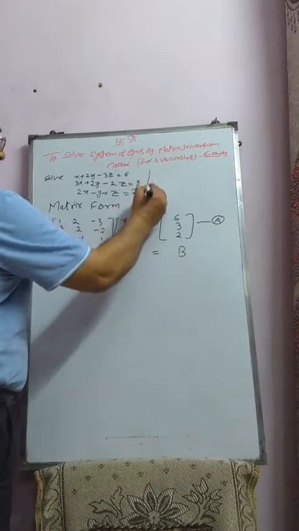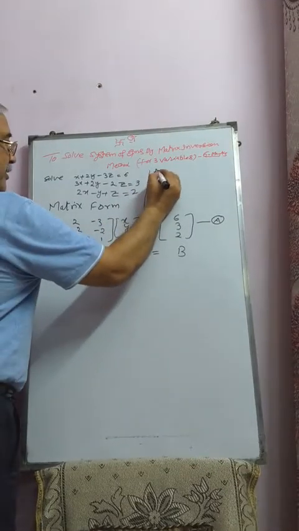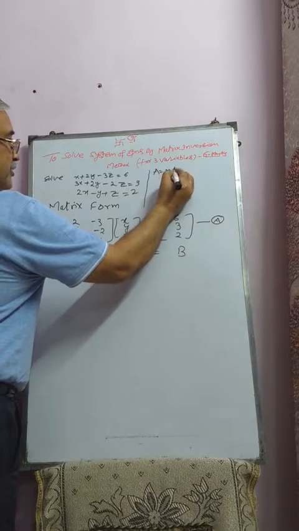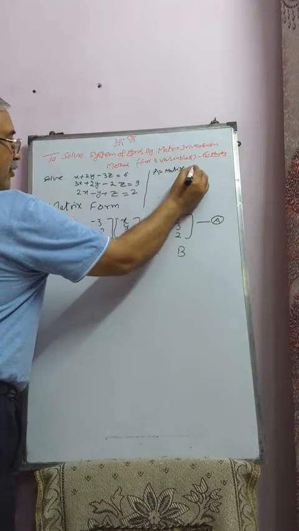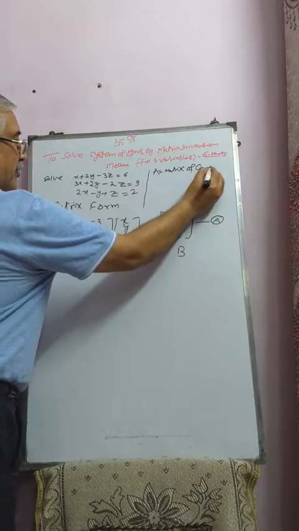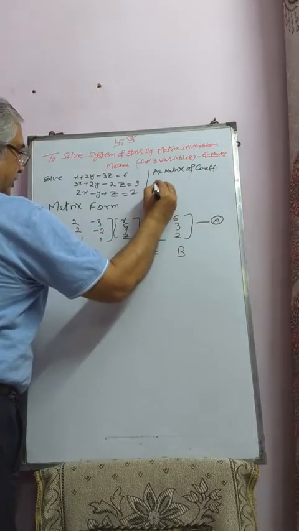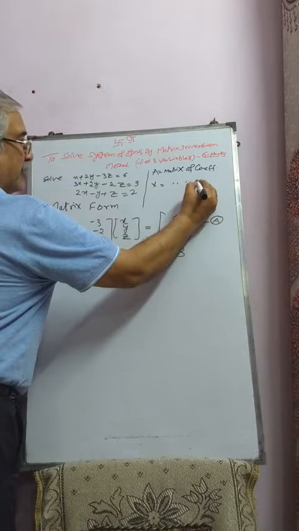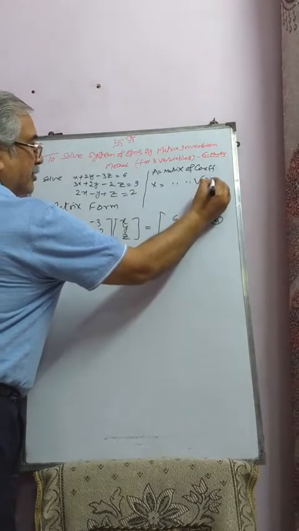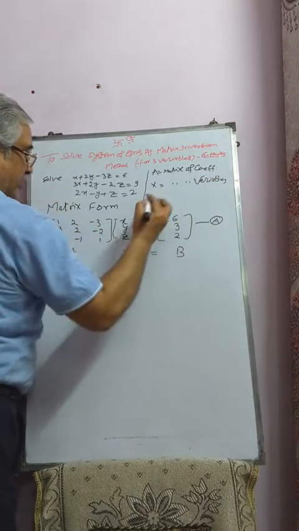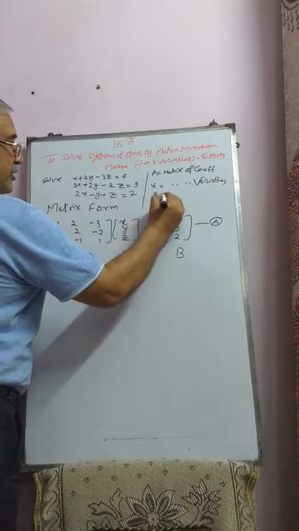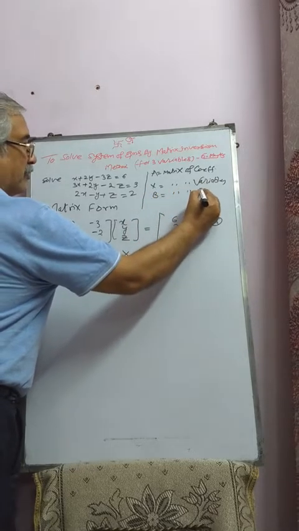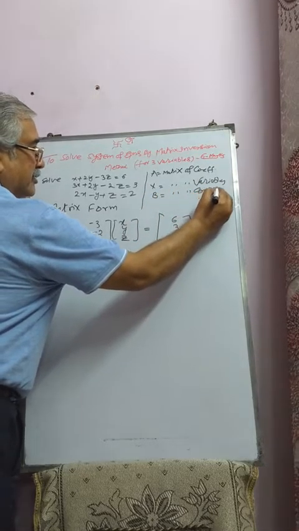Again I am repeating: A, matrix of coefficients, X, matrix of variables, and B, matrix of constants. Is it clear?